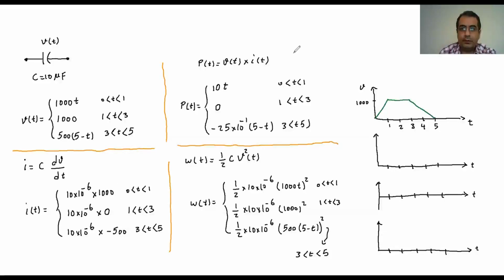So we have 1, 2, 3, 4, and it's 10 to the negative 2, basically, and so it's going to be like that, and then it drops down to 0. Then it's going to be 0 between 1 and 3.